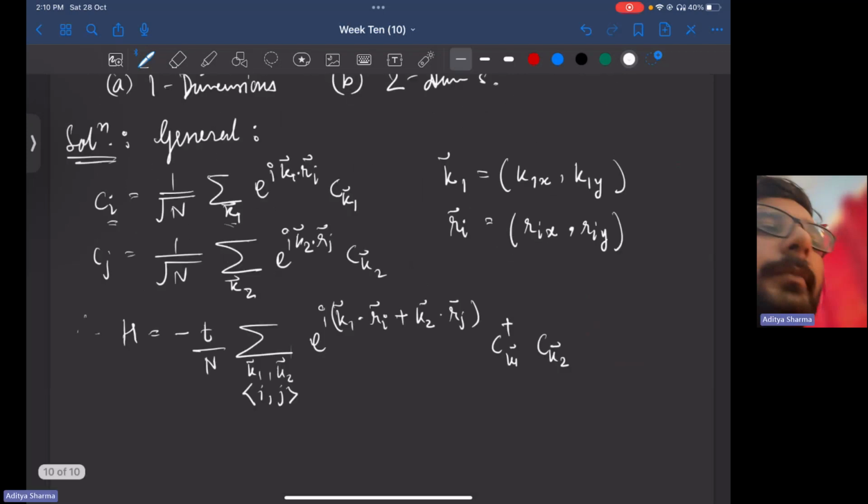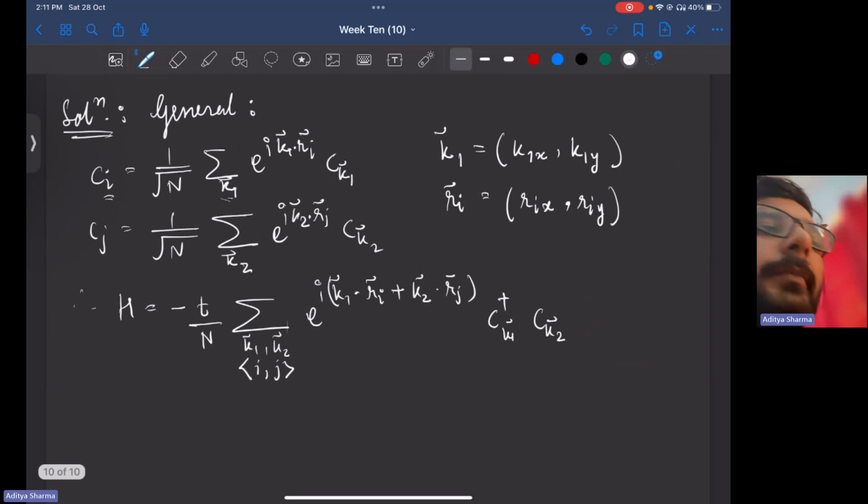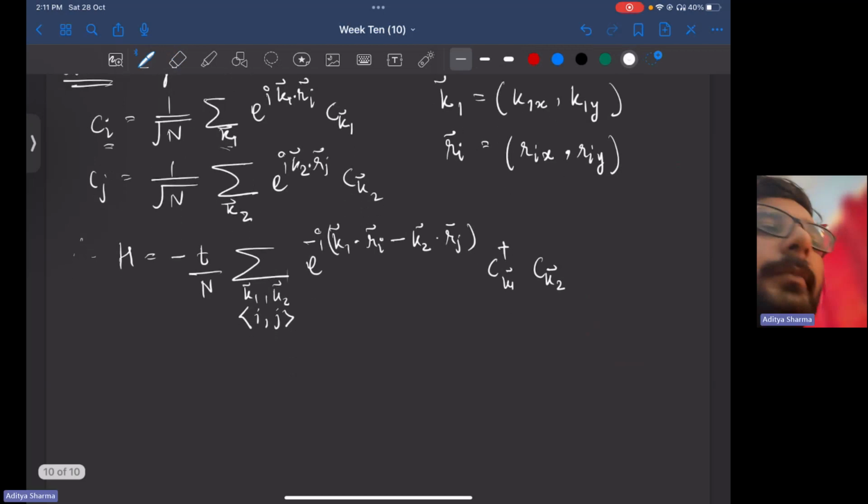So this is the general Hamiltonian. Now let's go to one dimension and see what happens. Just on this side, Ci dagger Cj.